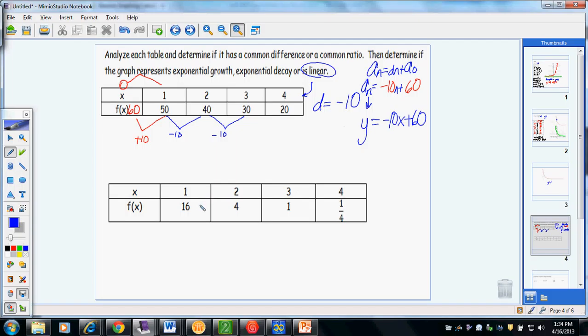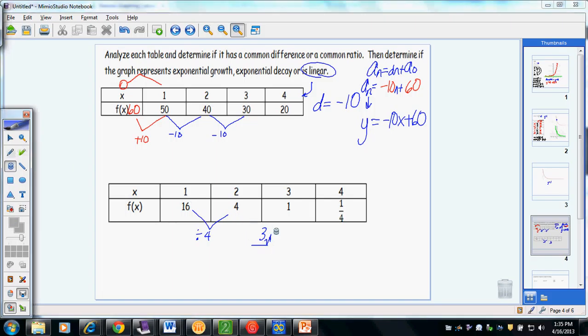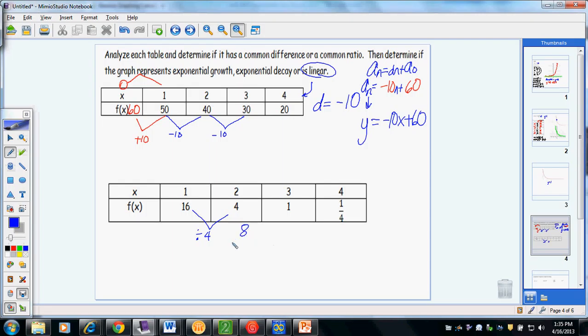Okay, so this next one right here says, well, how did I get from 16 to 4? Well, we know that we divided by 4. Now again, let's do something different. If I take 8 and I divide by 4, well, we know that we have 2.